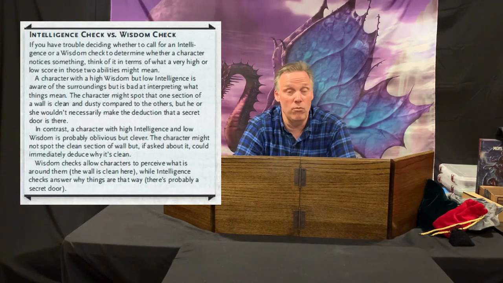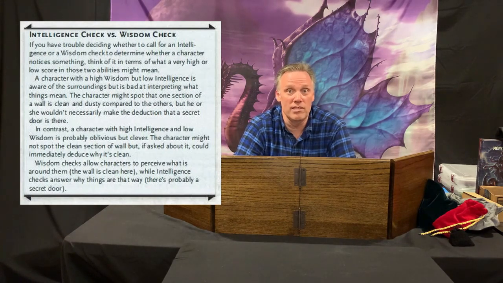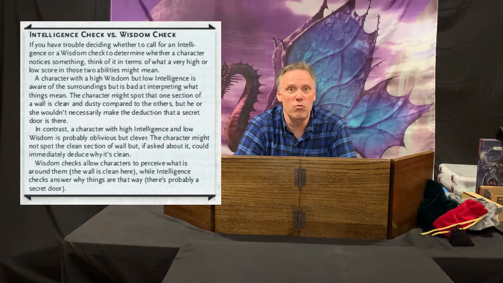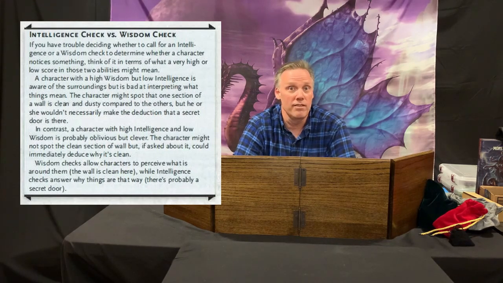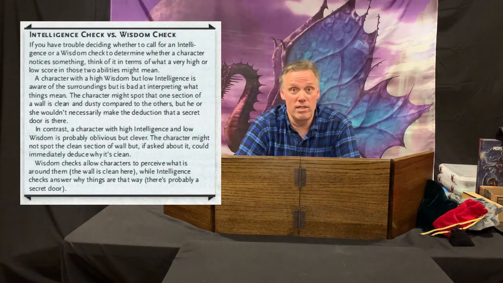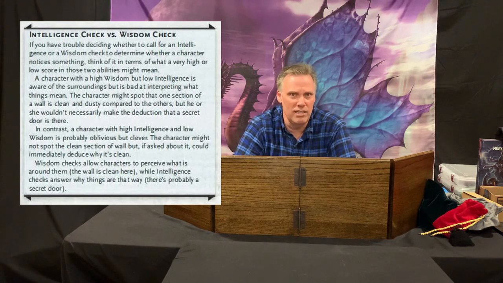A character with a high Wisdom but low Intelligence is aware of the surroundings but is bad at interpreting what things mean. The character might spot that one section of a wall is clean and dusty compared to the others, but he or she wouldn't necessarily make the deductions that a secret door is there. In contrast, a character with high Intelligence and low Wisdom is probably oblivious but clever.